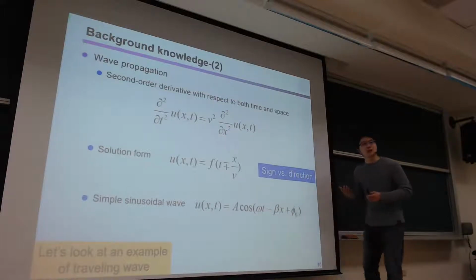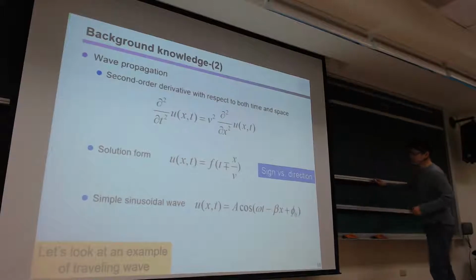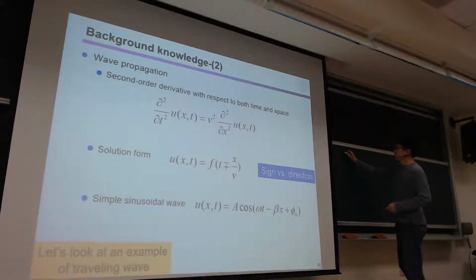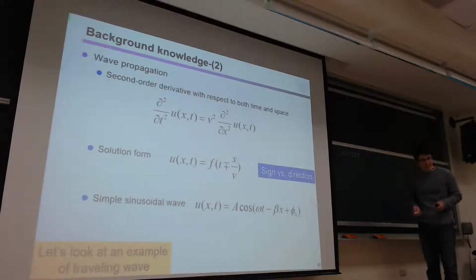Omega is simply 2 pi times f. Okay, so let's start to derive. So omega is nothing more than the wave frequency multiplied by 2 pi. 2 pi means 360 degrees.